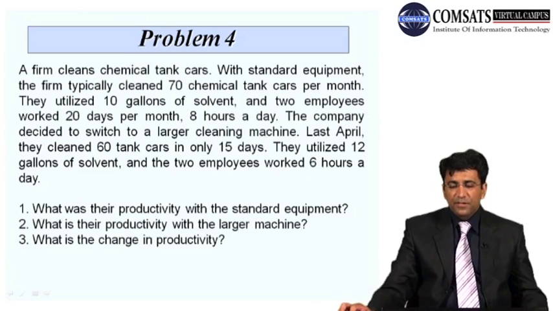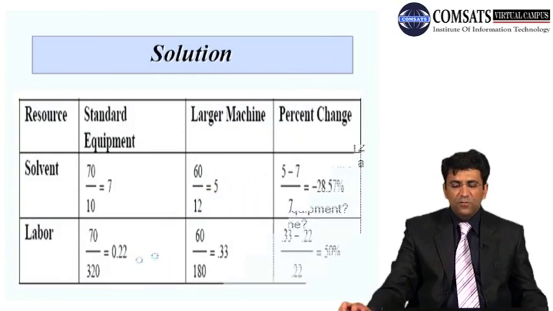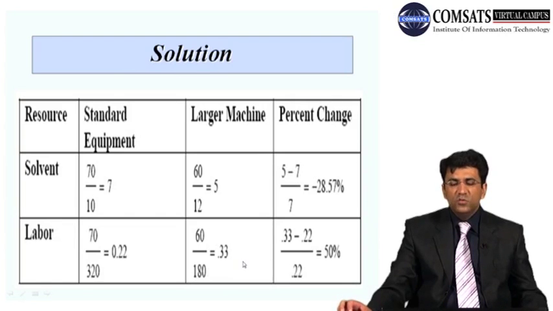Our new input in this case will be 2 multiplied by 6 multiplied by 15, that is the 2 employees, 6 hours, 15 days. So that will be equivalent to 180. In this way we can calculate the new labor productivity after the usage of that larger machine, and you can see there is an improvement in the labor productivity by 50%.